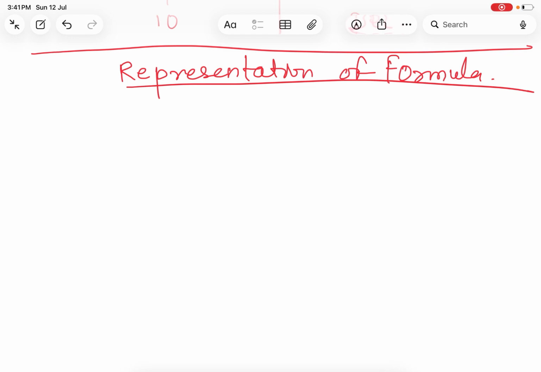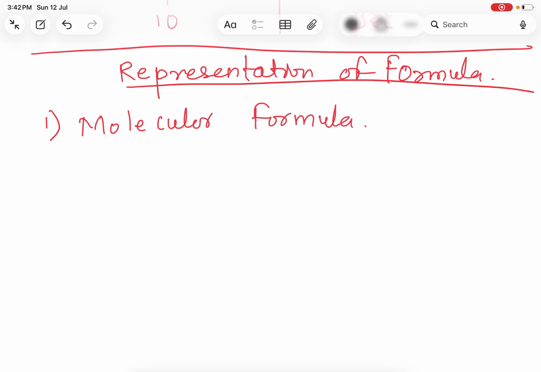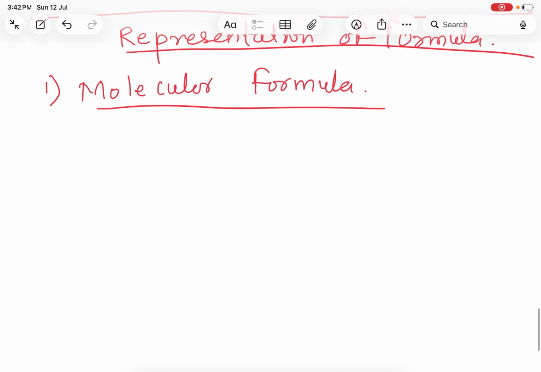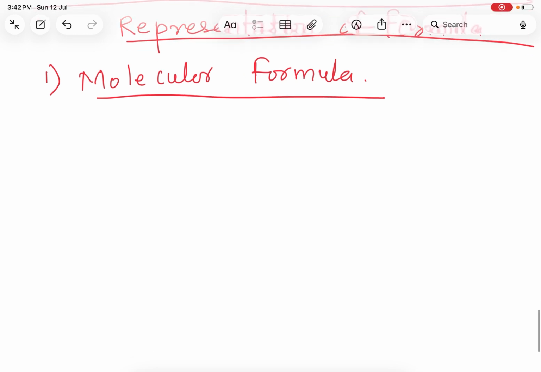The first and simple way that everyone knows is the molecular formula. A molecular formula is nothing but a compact way of writing all the atoms of different elements present in a compound. So say, for example, I will draw a structure of ethane.